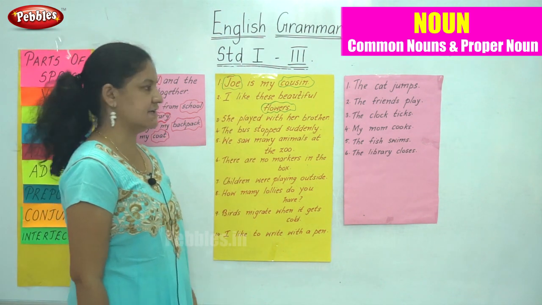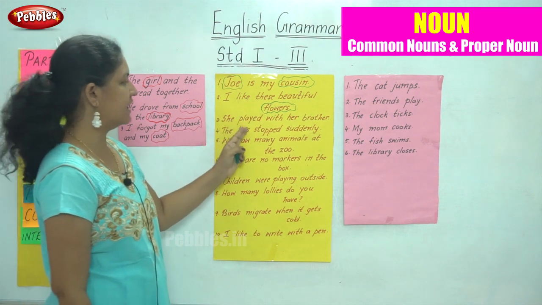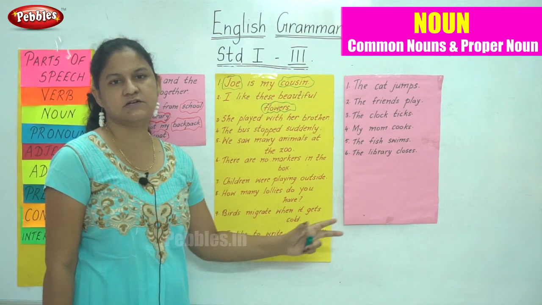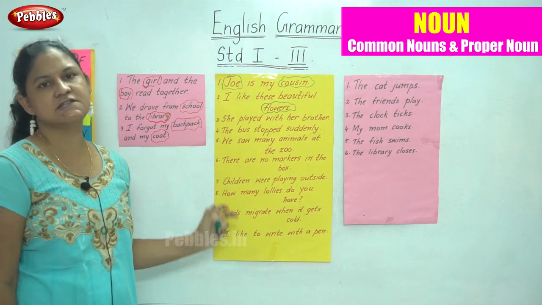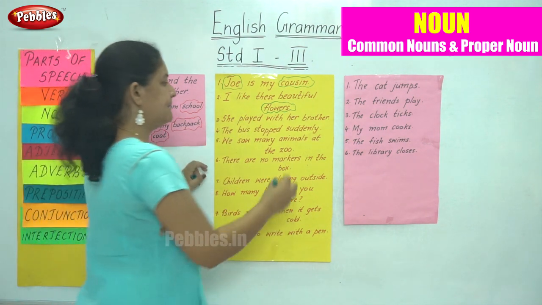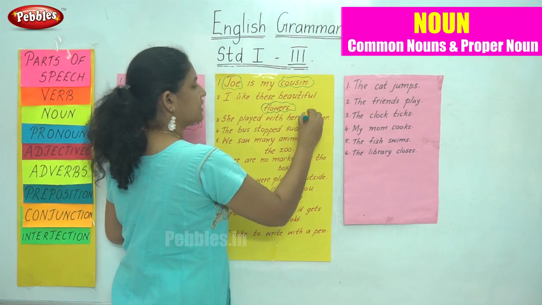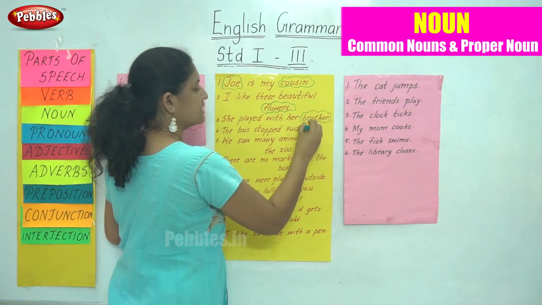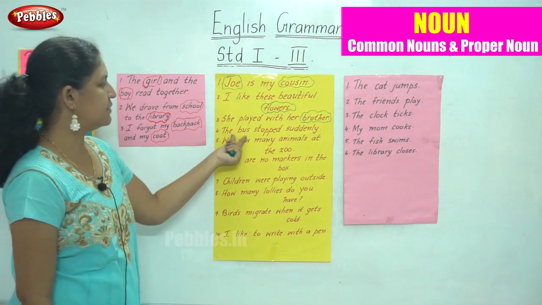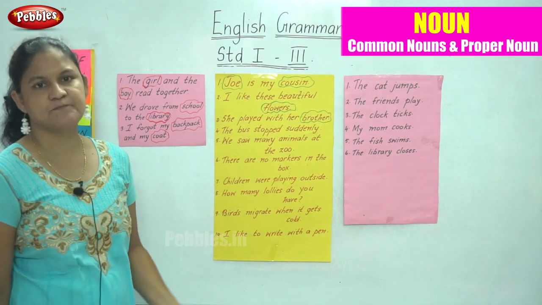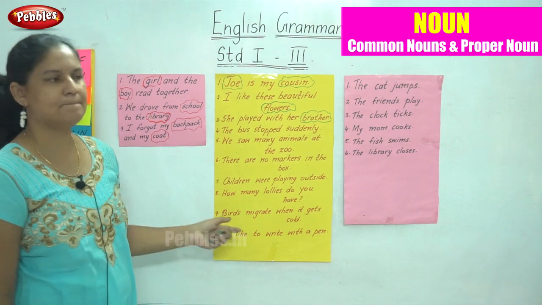Moving on to the next sentence, she played with her brother. So brother is the noun there. It is the name of a person. The next sentence, the bus stopped suddenly. So the noun is bus.